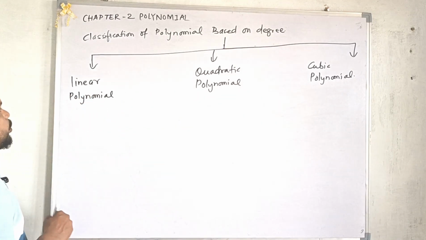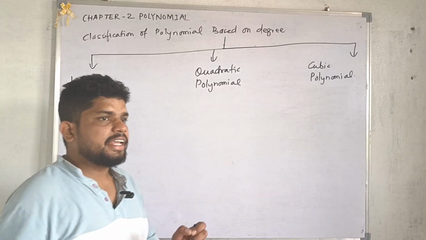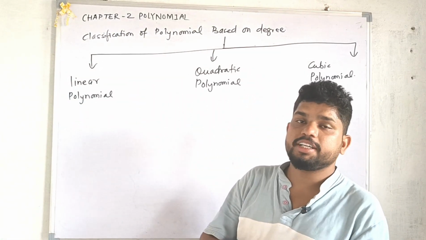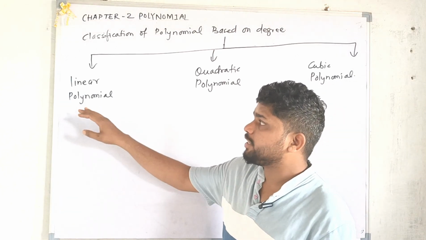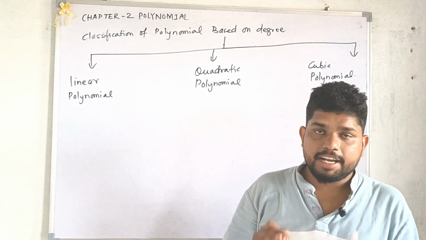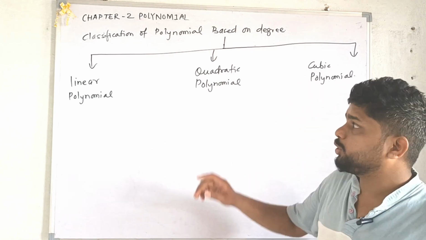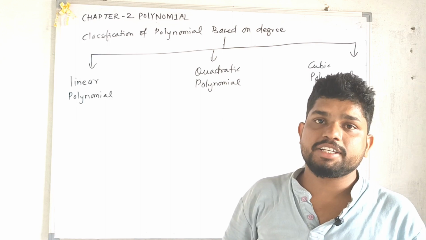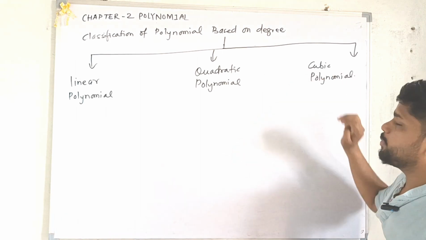Dear students, any polynomial which has the highest degree 1 is known as a linear polynomial. Any polynomial which has the highest degree 2 is known as a quadratic polynomial, and any polynomial which has the highest degree 3 is known as a cubic polynomial.